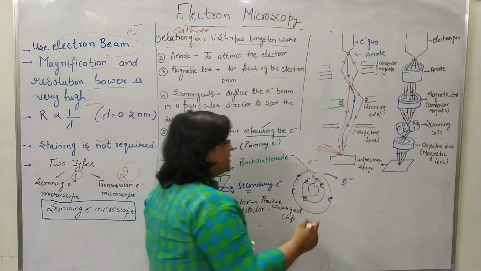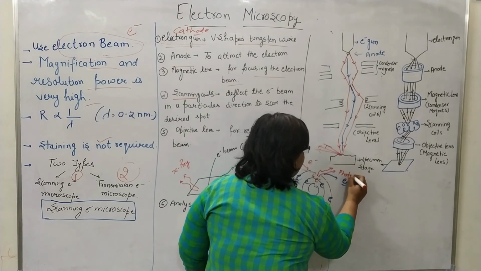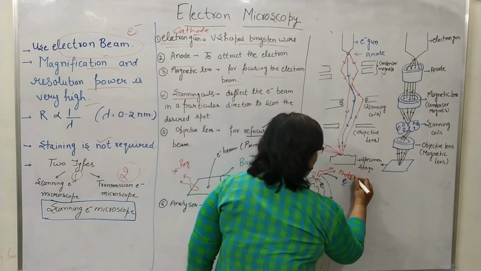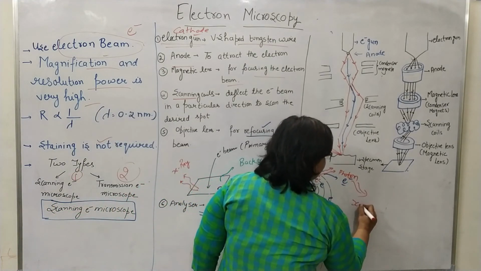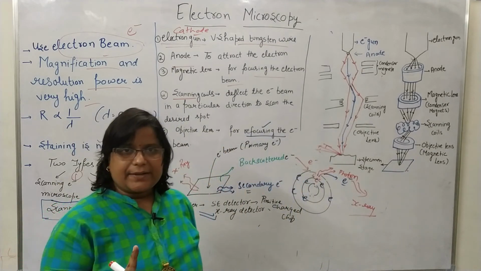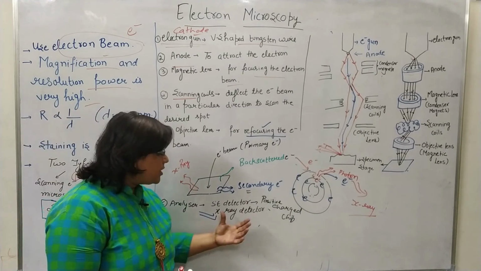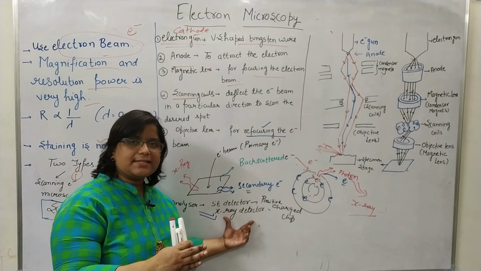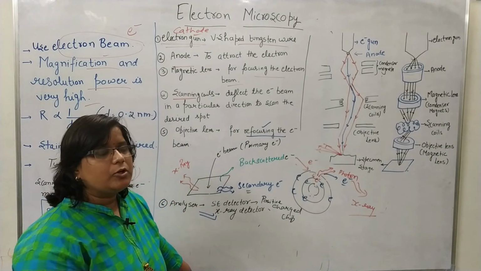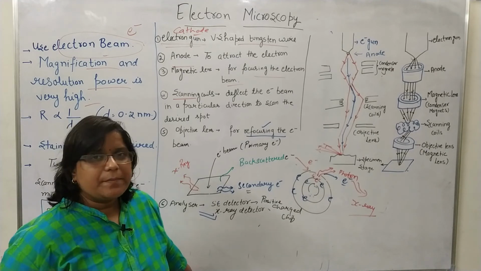So this electron will release the energy in the form of a photon, and these photons generate X-ray. Now the X-ray detector, which is already present in the electron microscope system, can detect these X-ray photons and analyze which metal is present in the specimen.